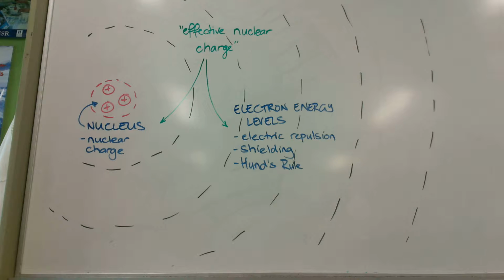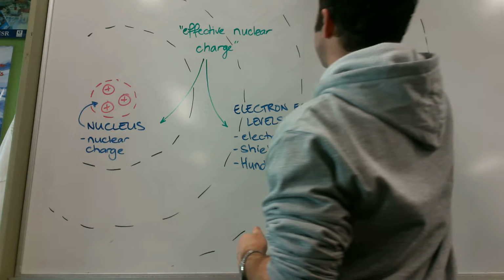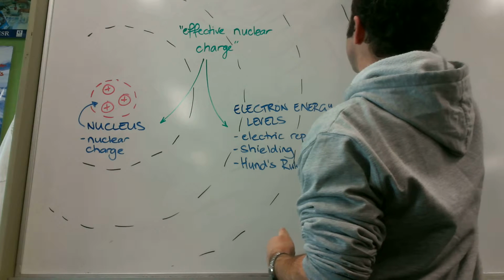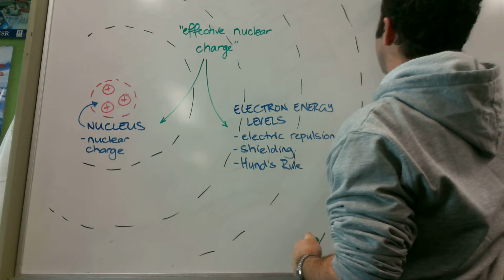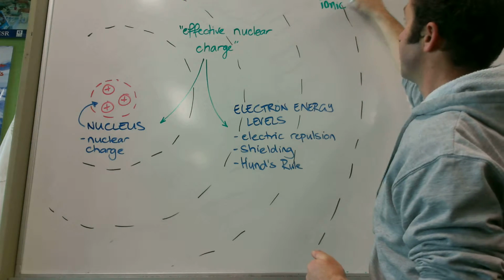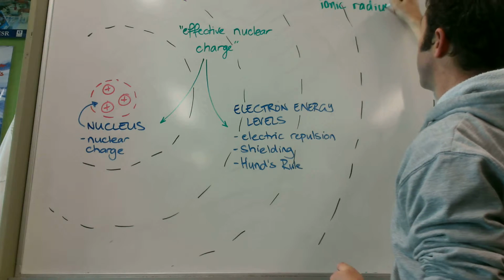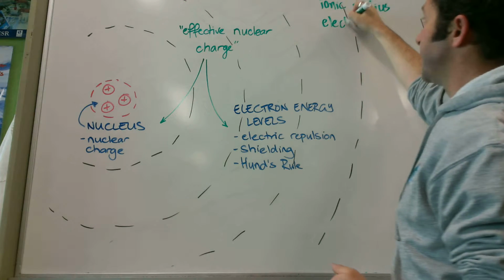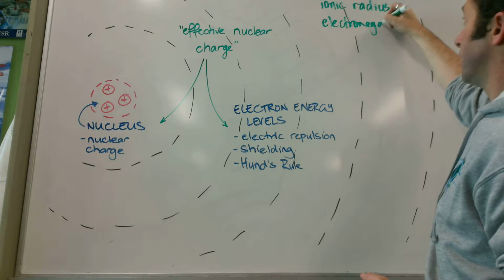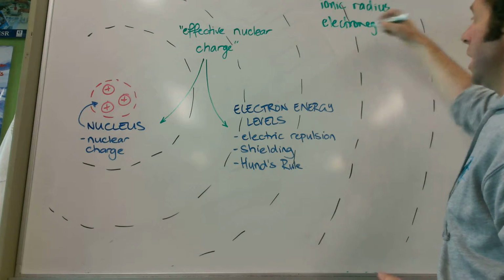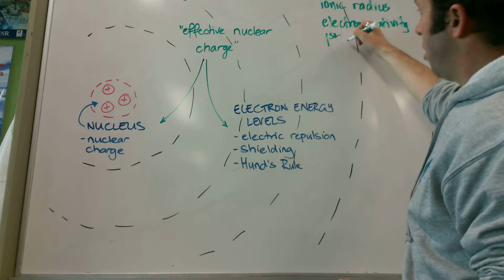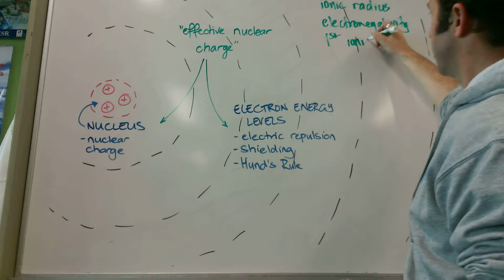And the key properties that we're going to be looking at are atomic radius, ionic radius, electronegativity, which we met last year, and a thing called first ionization energy.